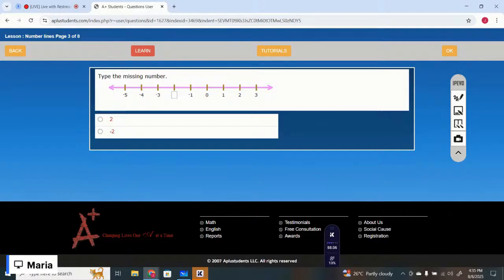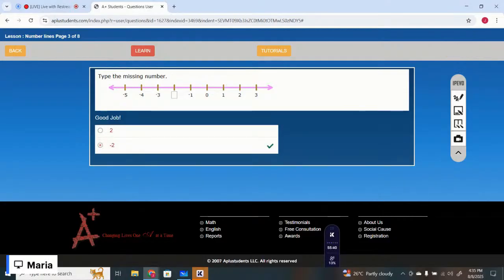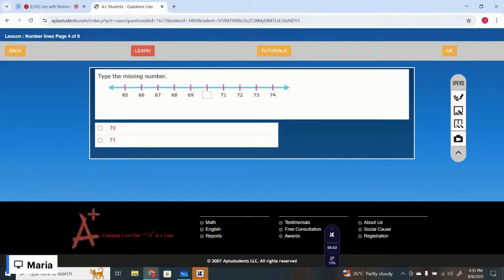So the missing number is negative 2. Option number 2 is the correct option. The missing number is 70. Option number 1 is the correct option.